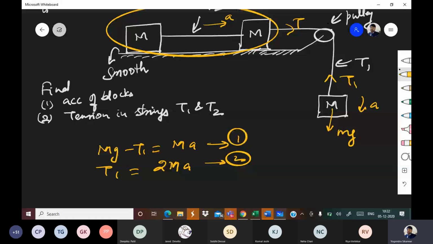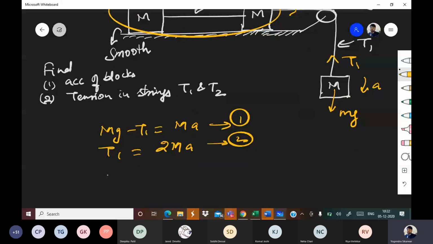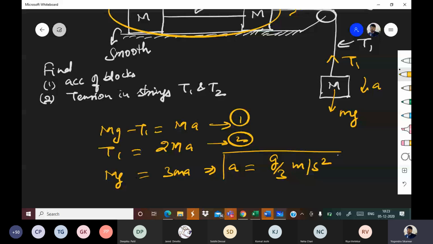Okay. So when you add them, what you get is mg is equal to 3ma. So a comes out to be g by 3 meters per second square.